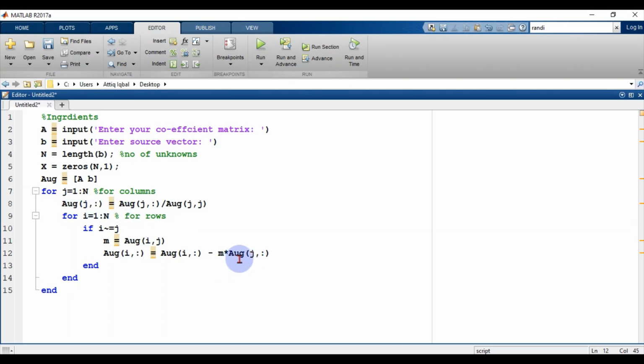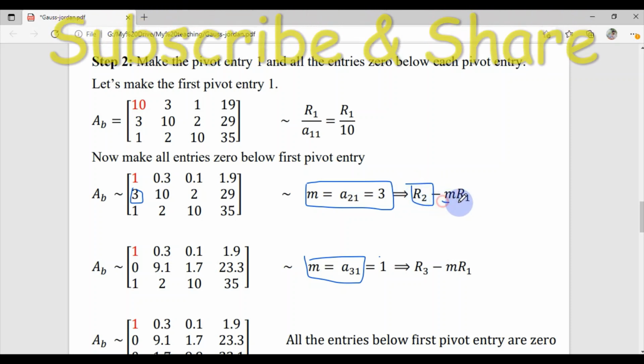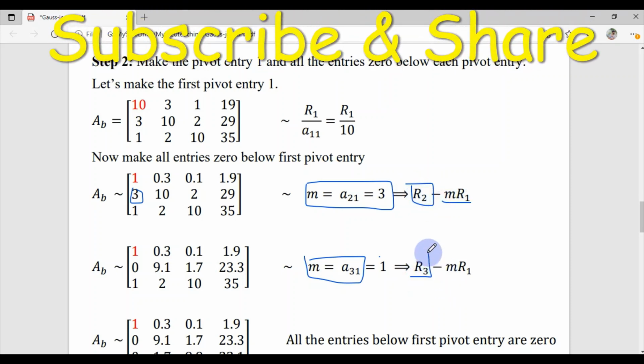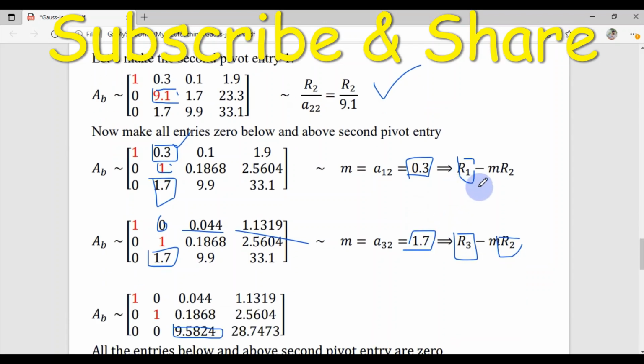So R2 will be subtracted by multiplier times R1, and R3 will be subtracted by multiplier times R1. In the next step, for the second pivot entry, the rows will be subtracted by multiplier times the pivot row. In that case, j will be 2, and that's how this is going to work.